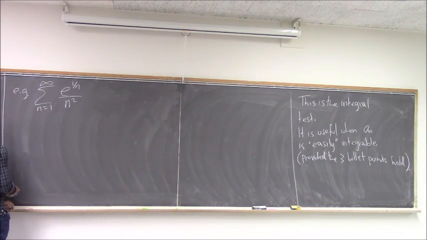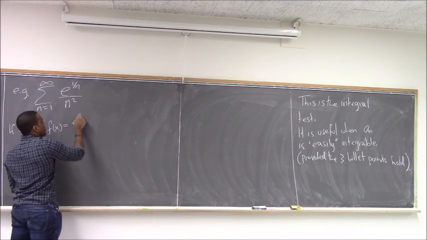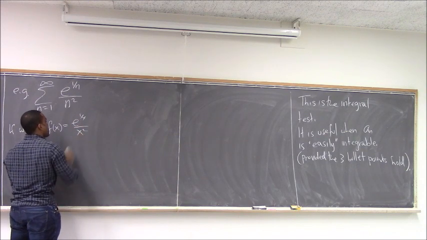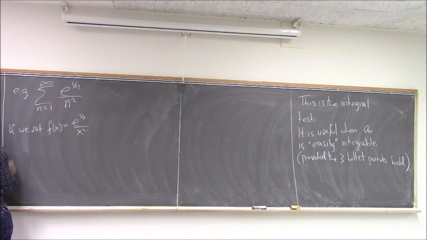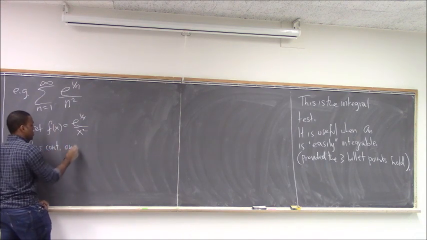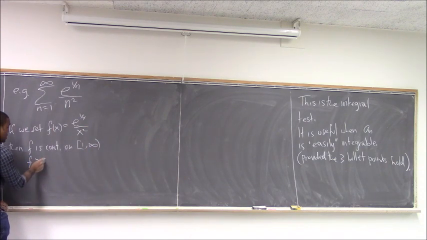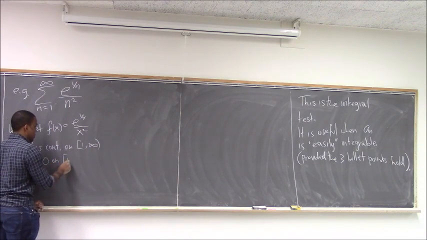But you do notice that if we set f of x equals e to the 1 over x squared, then your f is continuous on the interval. Your f is also positive on the interval.